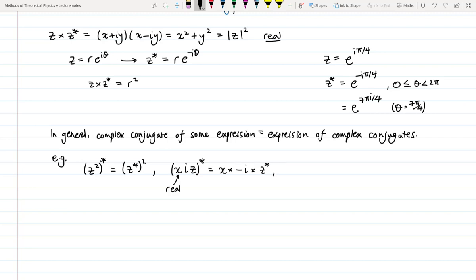As a final example, we can think about i to the power of z, complex conjugated. You can show that this is minus i to the conjugate of z. I encourage you to work through these by letting z equal x plus iy and just checking that these all make sense.